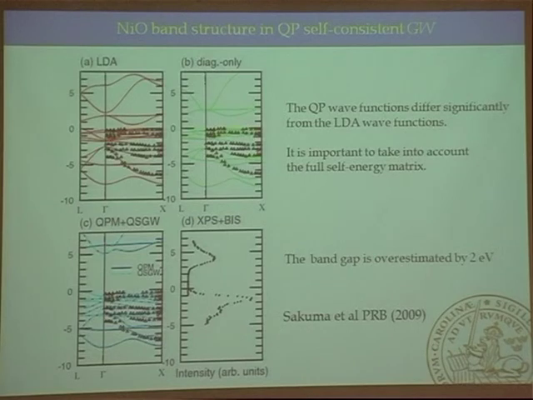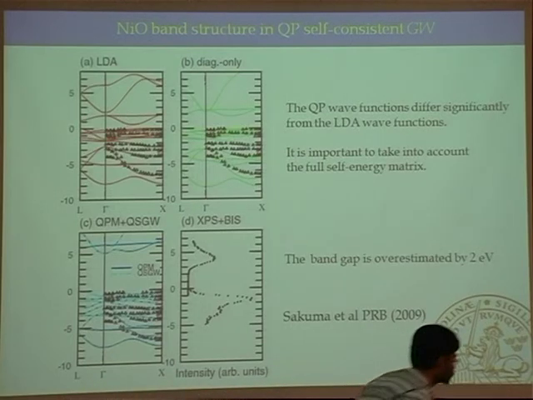No, there you also have the Hund's effect. It's not a right range estimate. Because nickel is a late transition metal, I would expect the Ep minus Ed to be smaller. Okay.